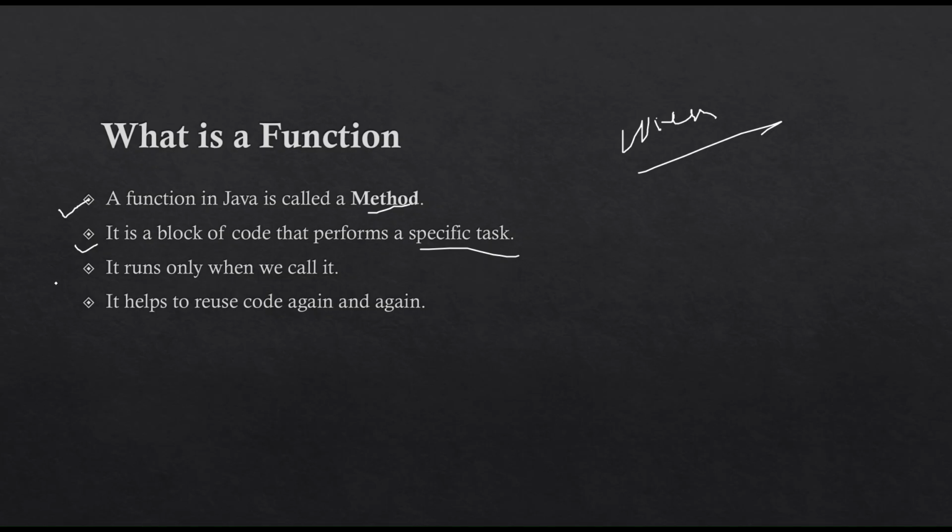It runs when we call it. A function does not run until it is called. Suppose the function is written, but whenever you need it, you just have to call it. After calling it, it starts running and becomes part of our code.